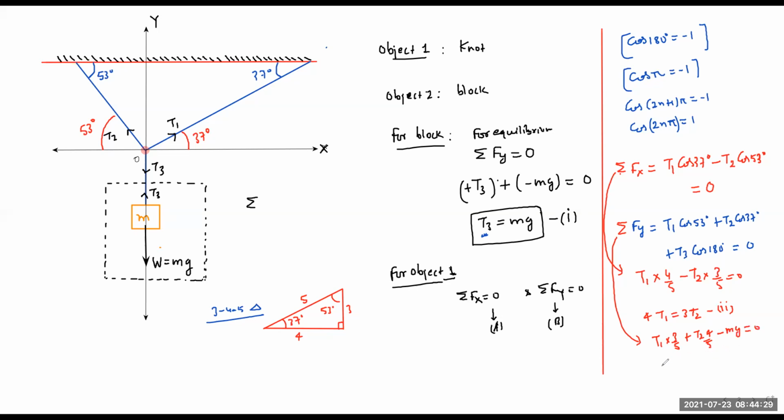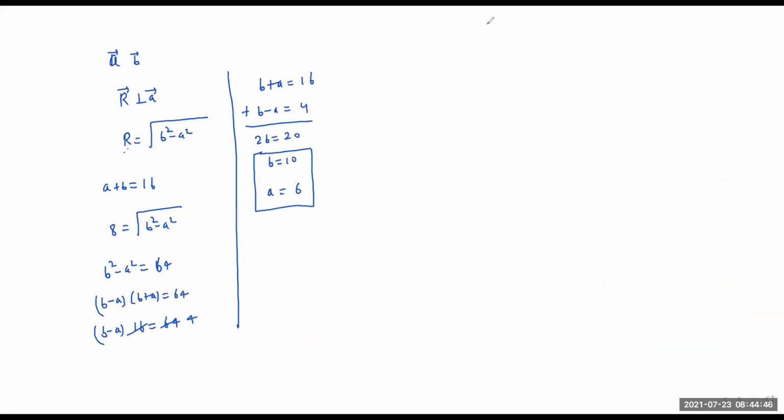If I do so, I'll get 3t1 plus 4t2 equals 5 mg. This is what I got after rearranging. I'll call it equation 3. So now we have the two equations, and now it's up to us to just solve. I'll just put it separately.